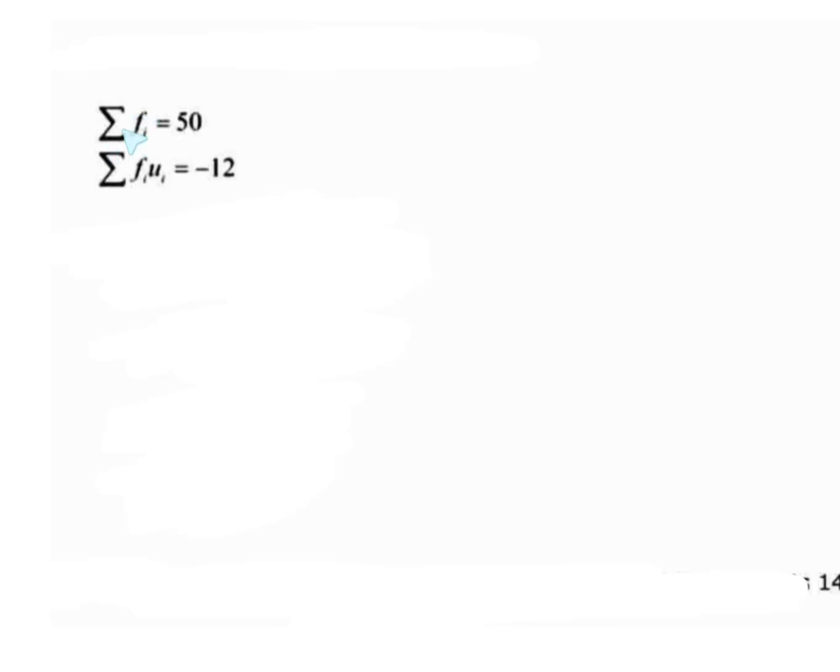From the table we can write sigma f_i is 50, the total number of workers is 50. And the last value, sigma f_i u_i, multiplied with frequency and u_i, we got minus 12.